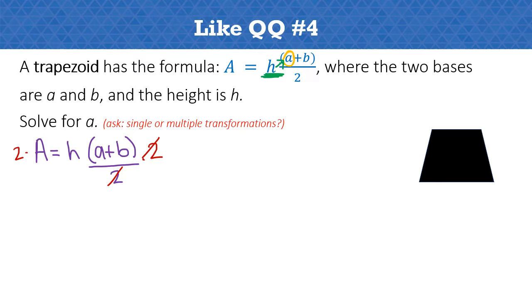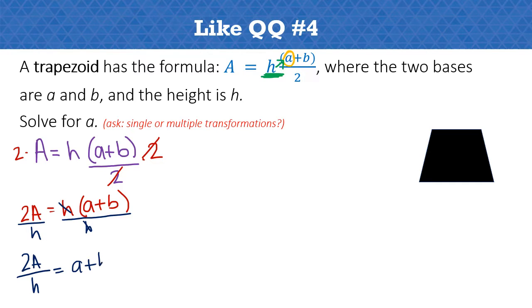That's going to leave us with 2A is equal to h times a plus b. Now we just have this h times this group a plus b, so we need to get rid of that multiplication by dividing both sides by h. So now we're left with 2A over h is equal to a plus b.